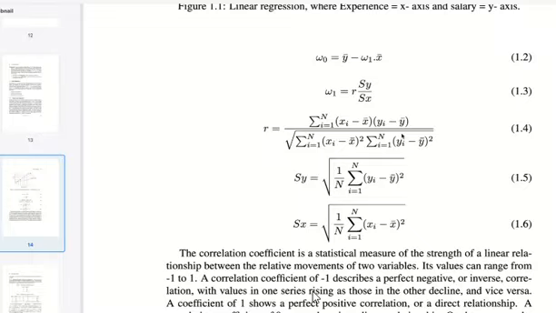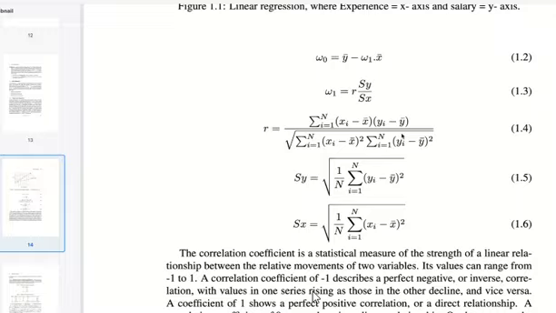Now you can see from equation 1.2 to equation 6 how we can calculate the intercept and slope. The intercept is basically y bar minus slope times x bar.